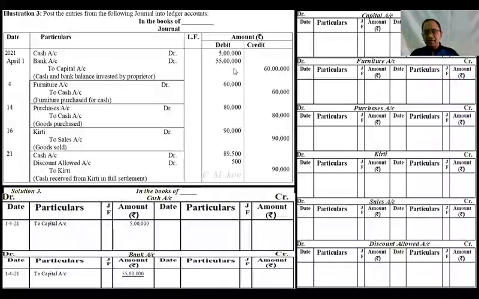So we will have to write it separately. So capital account credit side, we will write 1st April 21 by cash account 5 lakh and by bank account 55 lakh. And now this complete entry is posted. I hope it is clear.